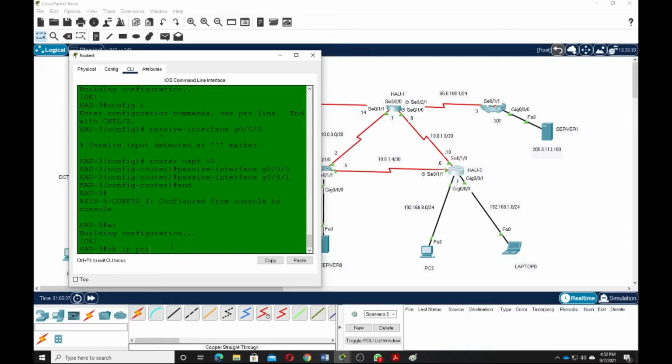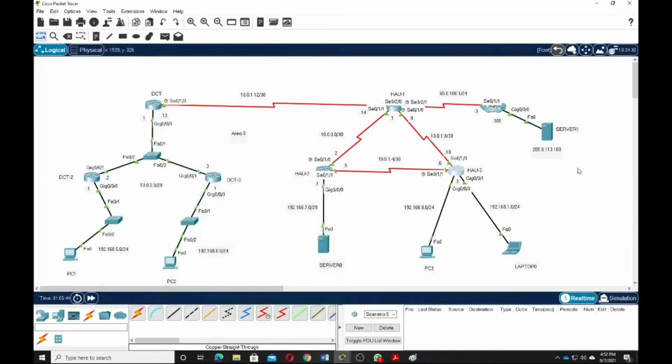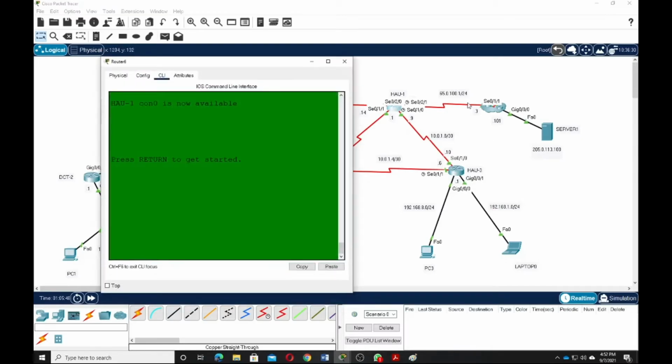Show IP protocols. Okay, so G0/0/0 and G0/0/1 are passive interfaces already. And we need to declare also this S0/2/0 as passive because this one is not participating in the OSPF routing domain.